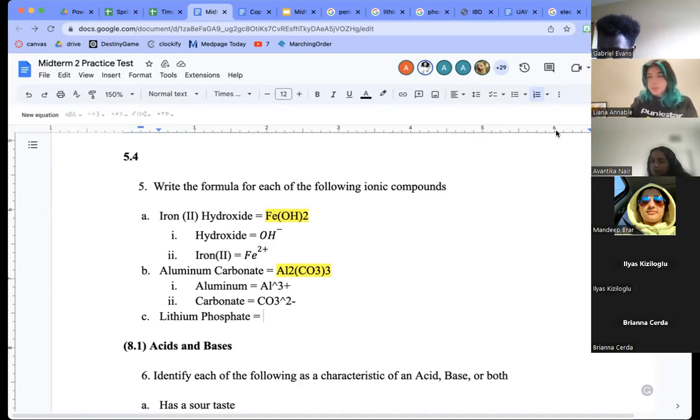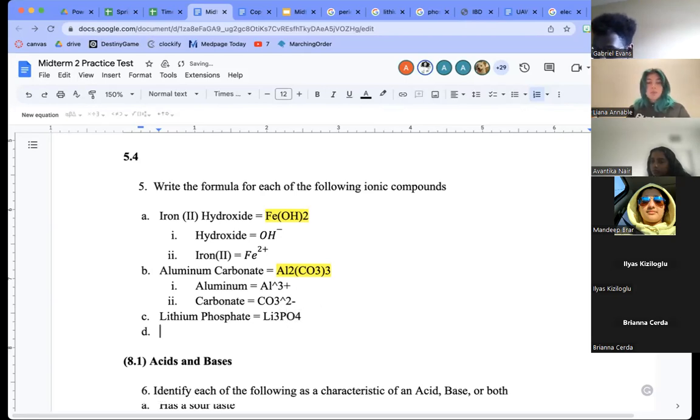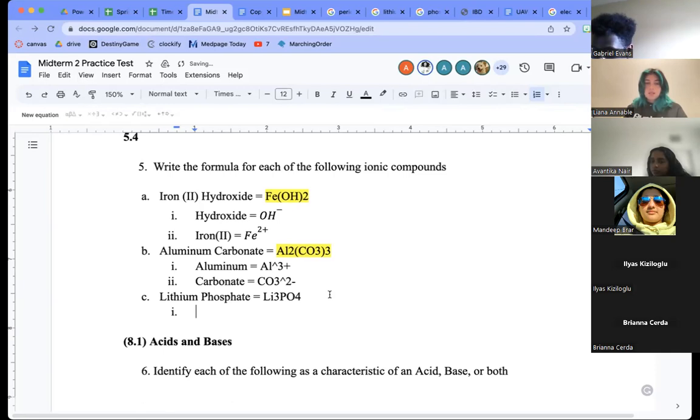All right, we got some people saying Li3PO4. That seems like the only answer. We don't have any variation. All right, so you are all correct. It is Li3PO4. And we're going to break this one up like we did the other ones. Lithium has what charge?